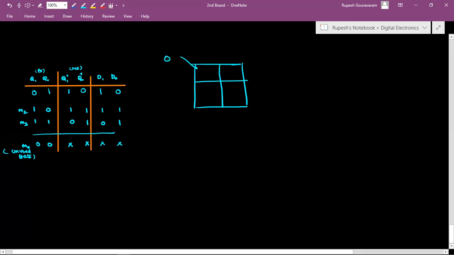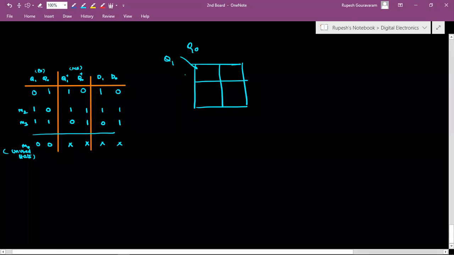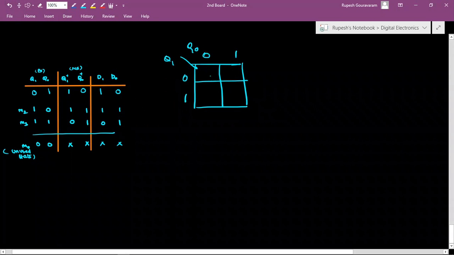So let us take Q1 and Q0. So 0, 1, 0, 1. Then let us take D1. It will be 1 for two minterms, M1 plus M2, that is 0, 1, 2, 3.